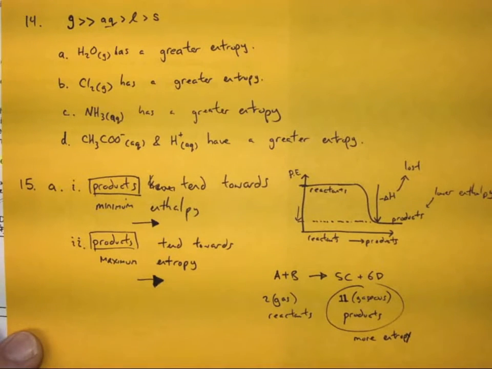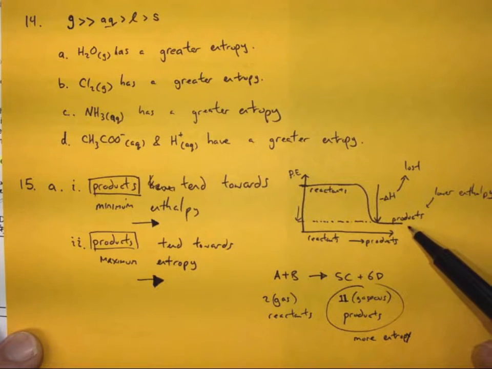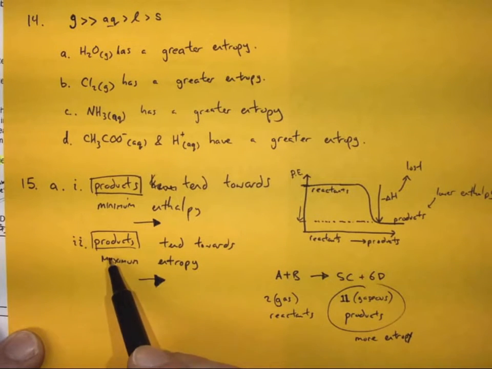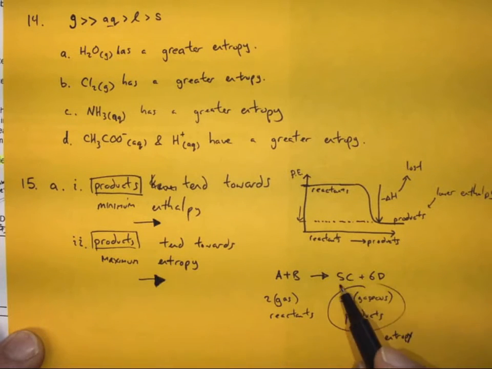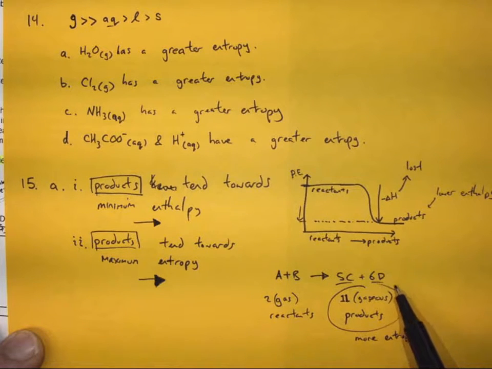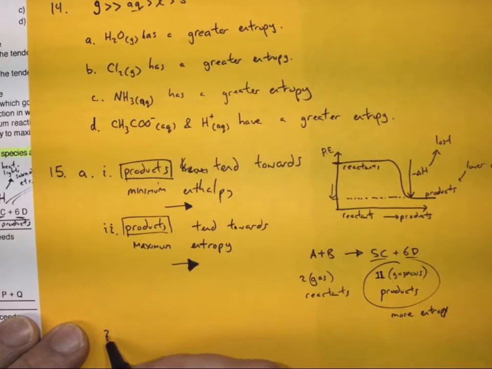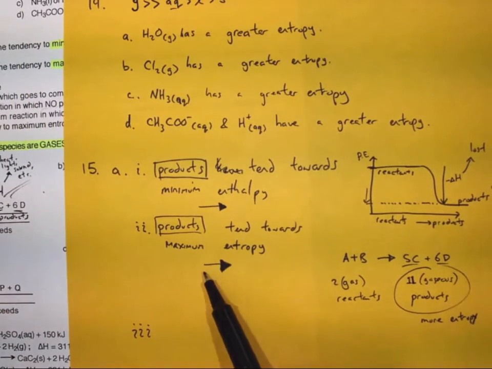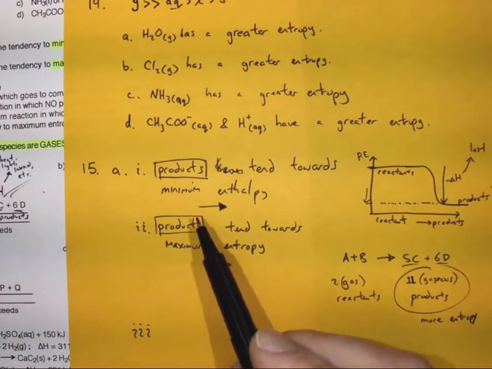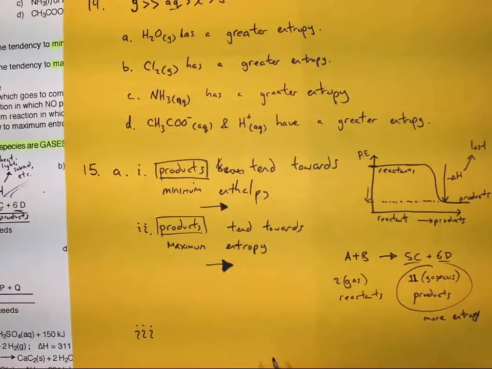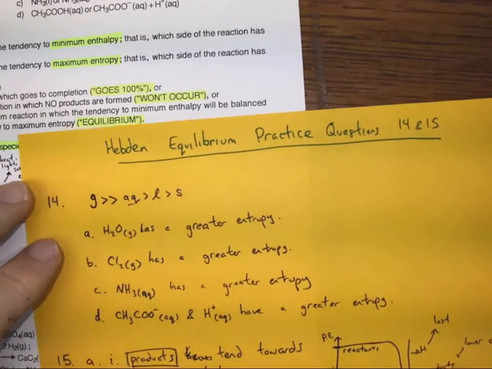All right, so we've decided minimum enthalpy lies with the products because they're lower on this energy diagram, and then the reactants are higher. We have a maximum entropy with our products because they have more species to them. They're all gases, but there are more of them over here in the product side. All right, and so the question asks, well, since the universe wants to maximize entropy and it wants to minimize enthalpy, and both of those forces are pushing toward the products, we would say that there's no conflict here.